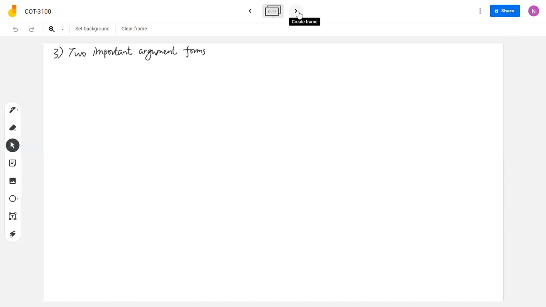Such a form is called syllogism. Don't need to worry about this. What is the meaning of this?